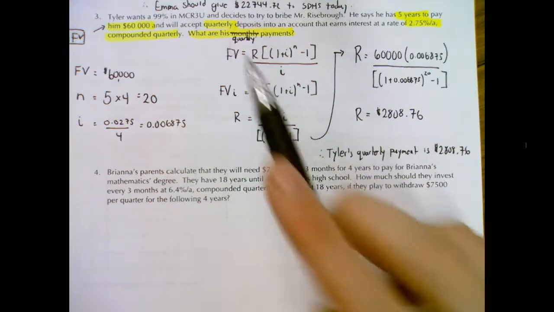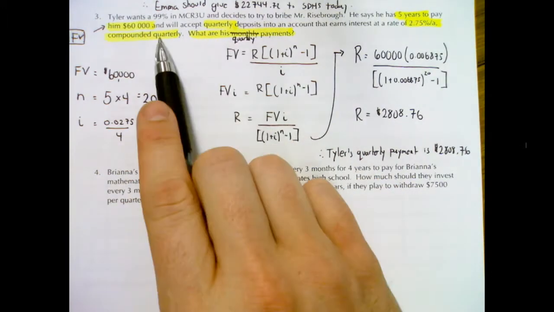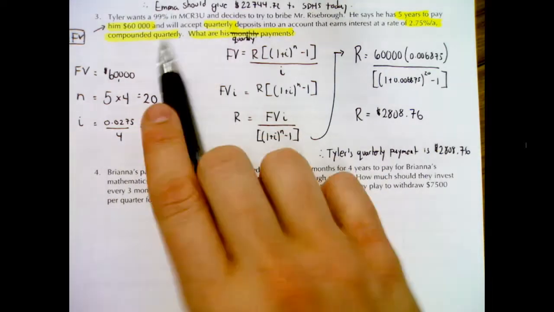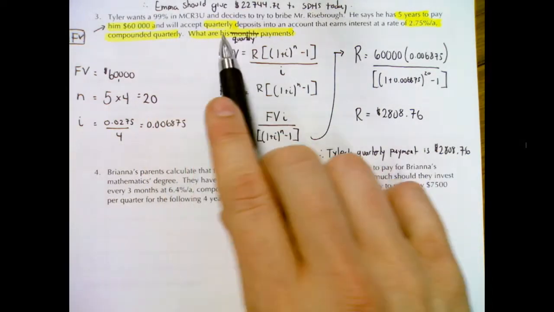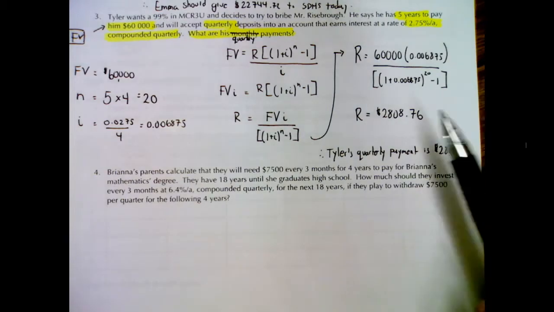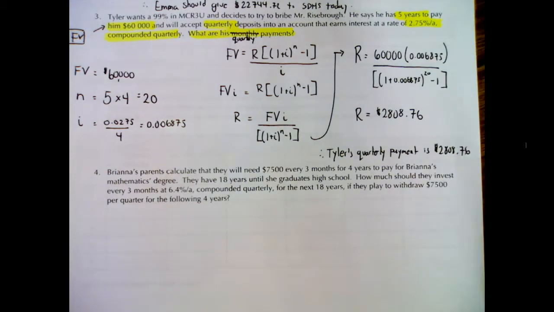Yes, because remember, quarterly deposits matching quarterly compound. That makes it a simple ordinary annuity because they're going in at the end of each quarter. That should have said quarterly. That was a typo. So his quarterly payment should be $2,808.76.